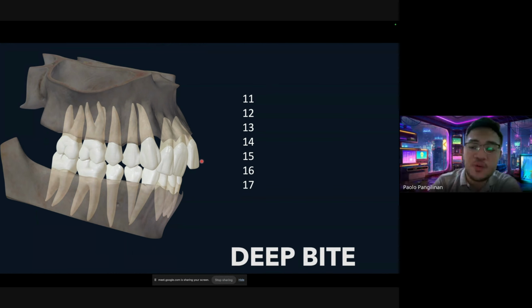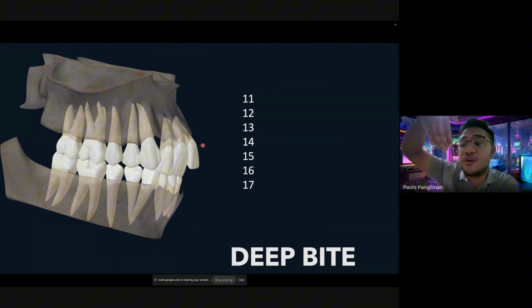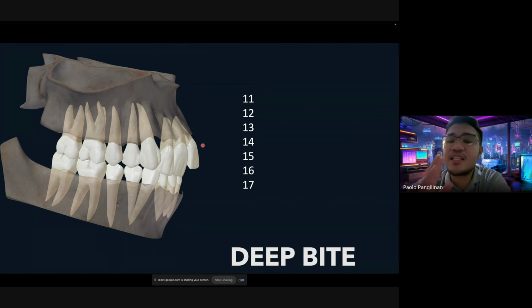And then what you're going to do next is perhaps place an auxiliary wire with an intrusion arm, or perhaps place studs and then pull it up. Therefore, you're doing intrusion. The next step is you're just using your rectangular wires to entirely finish the whole case. So for your fixed appliances, technically it goes a little bit automatically through the interaction of your brackets, wires, and your elastics.